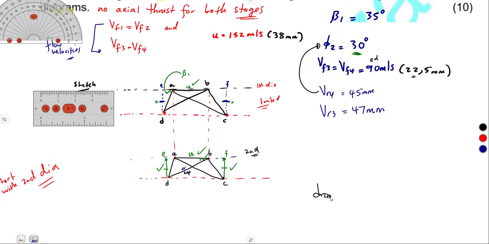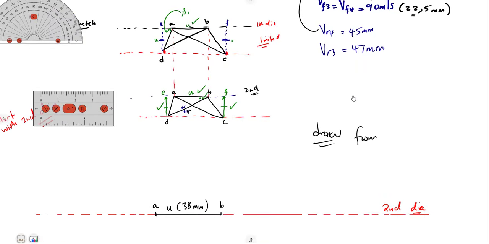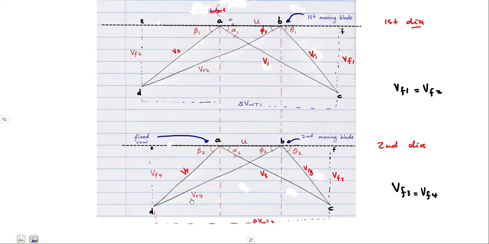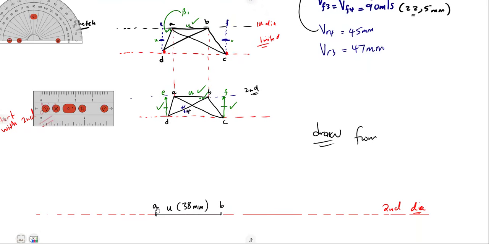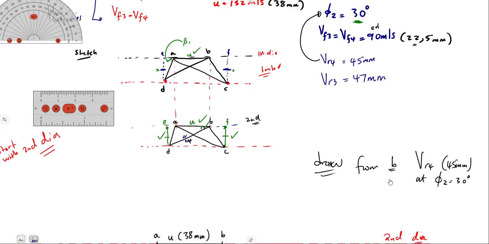So you're simply going to draw a line from B, because we need VR4. We draw from B to D. VR4 is 45 millimeters at angle phi 2, which is 30 degrees, as we stated here.